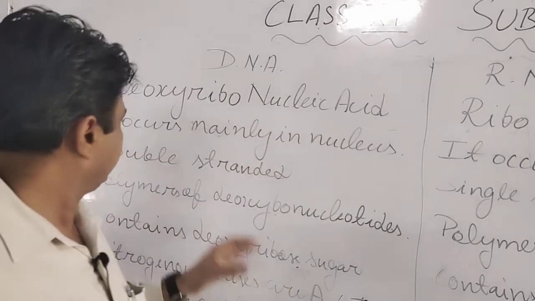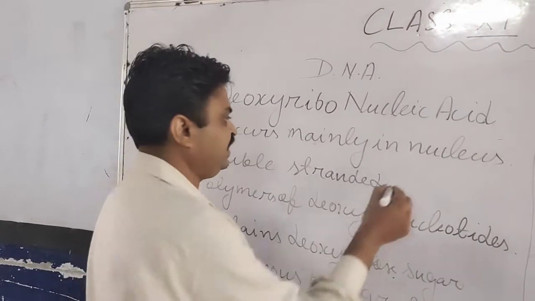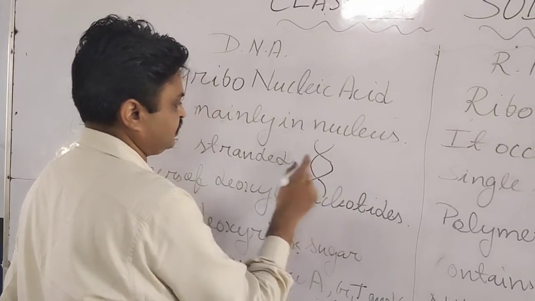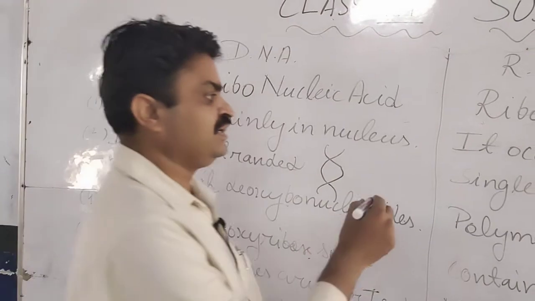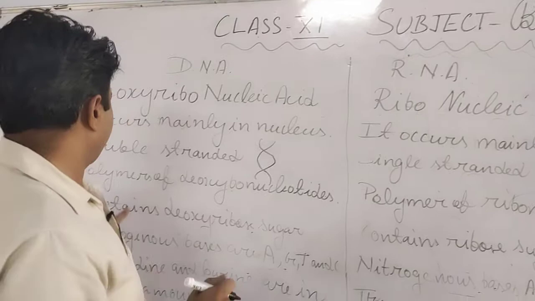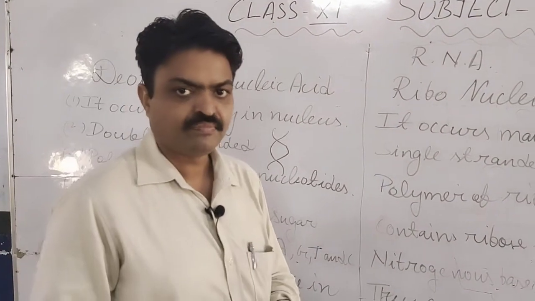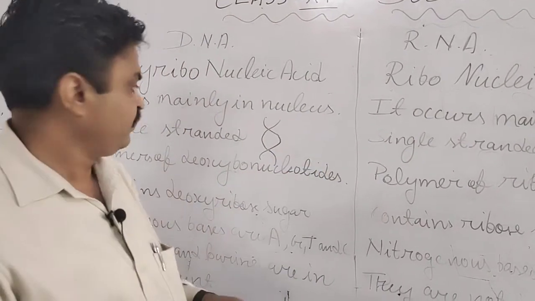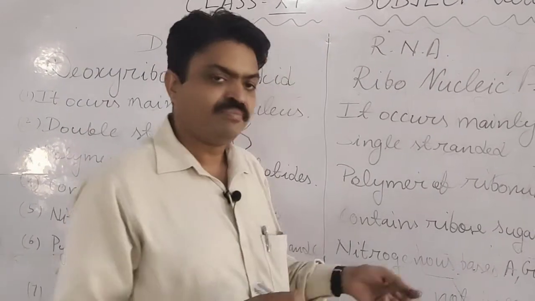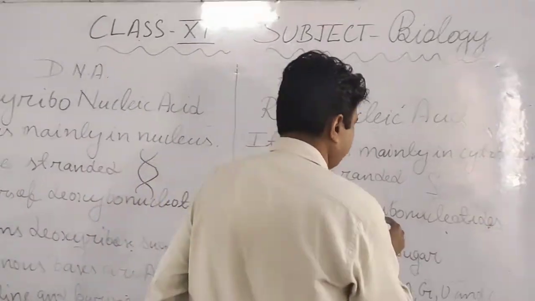DNA has a double stranded structure, means a double helical structure. It also has a circular helical structure. RNA has a single stranded structure like this. DNA is a polymer of deoxyribonucleotides, means a long chain of deoxyribonucleotides, but RNA is a polymer, a long chain of ribonucleotides.